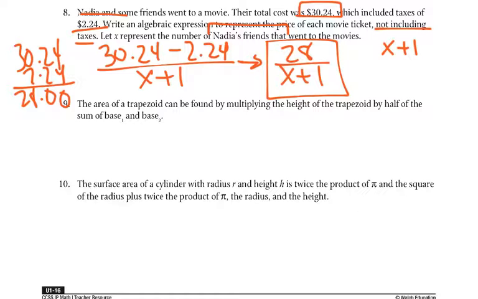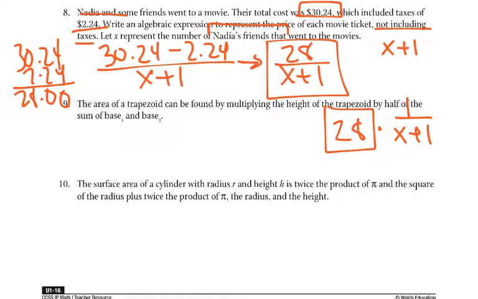So there's our term. Okay, so our factors would be, if we could kind of split this up, 28 times 1 over x plus 1. That's kind of the same thing. And this is kind of a stretch to do it this way. But that would make 28 a coefficient.